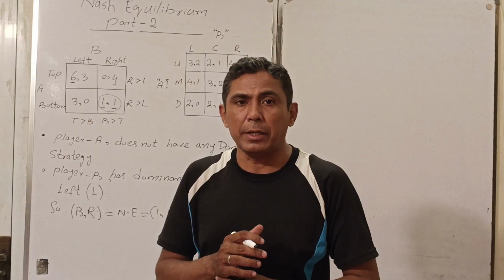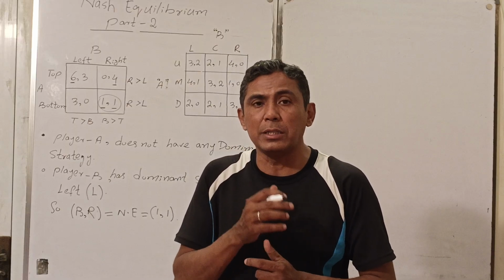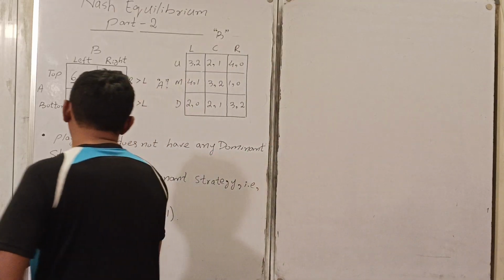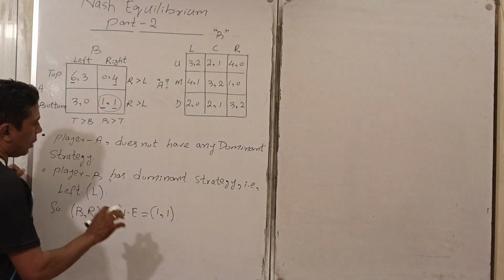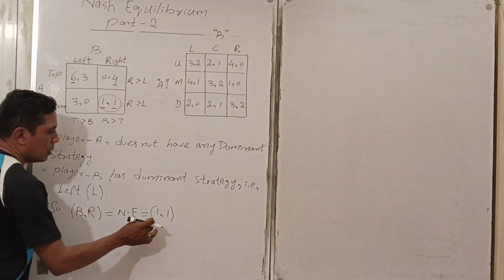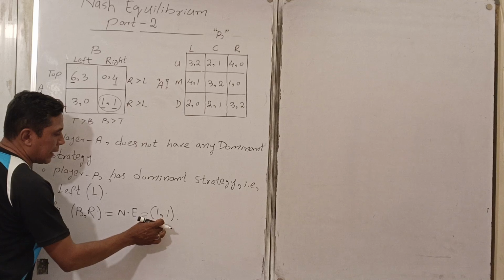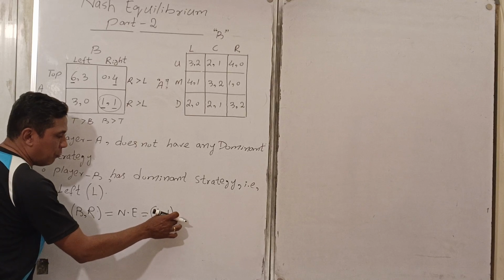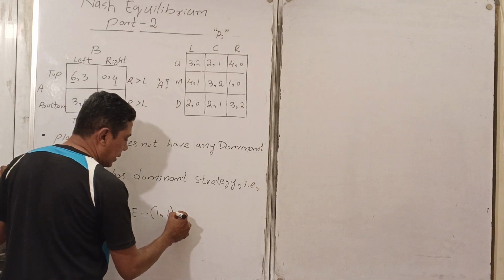How can you justify it, or how can you check it? Okay, look at this one by one. Now, is it regret free or a regretful outcome? The question is here.